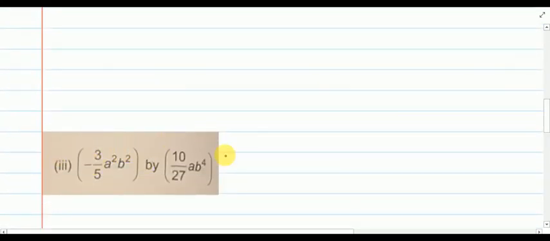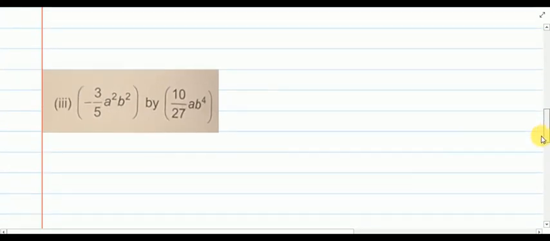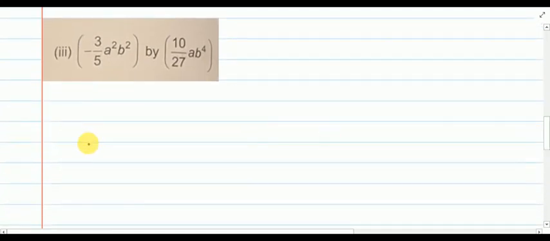And this is your third question. -3 upon 5 into a square b square. This has to be multiplied with this. Okay, so we'll write them.